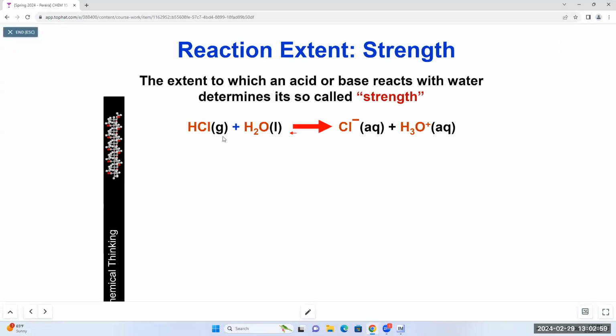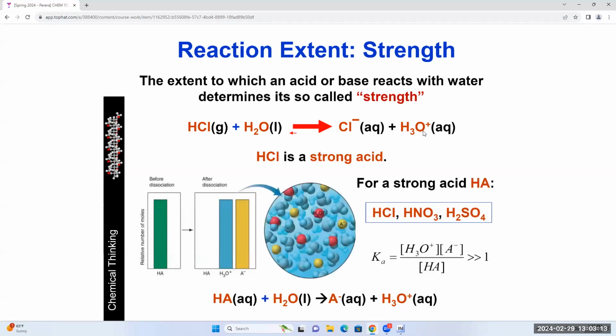If this was HA, it donates protons to water, establishing this equilibrium. When it comes to strong acids, this K value is greater than 1, meaning our reaction is product favored. If the Ka value is greater than 1, then it's a strong acid.